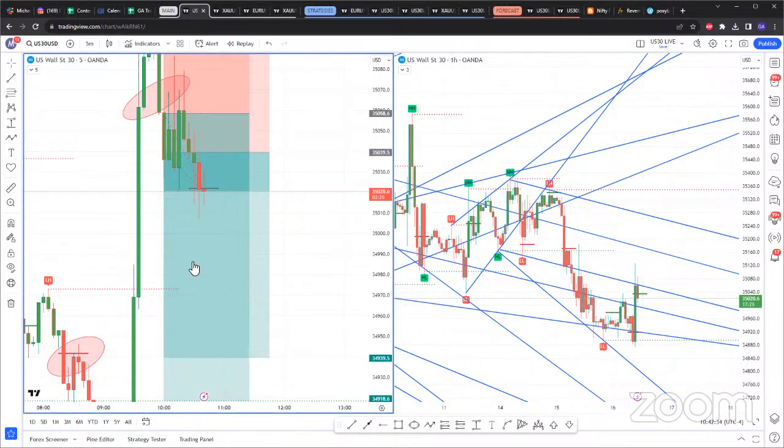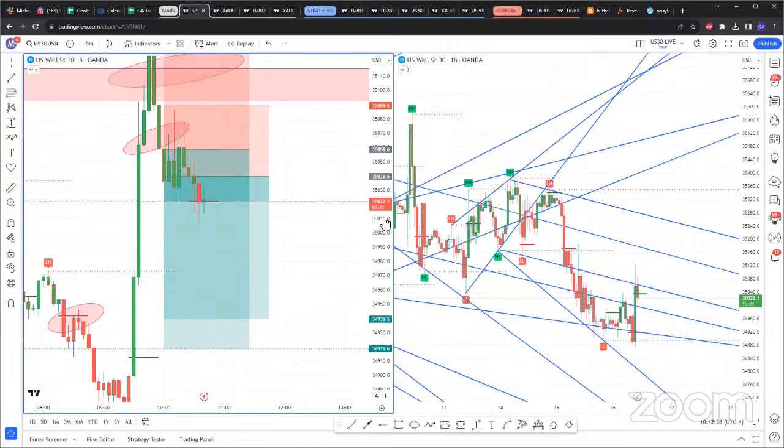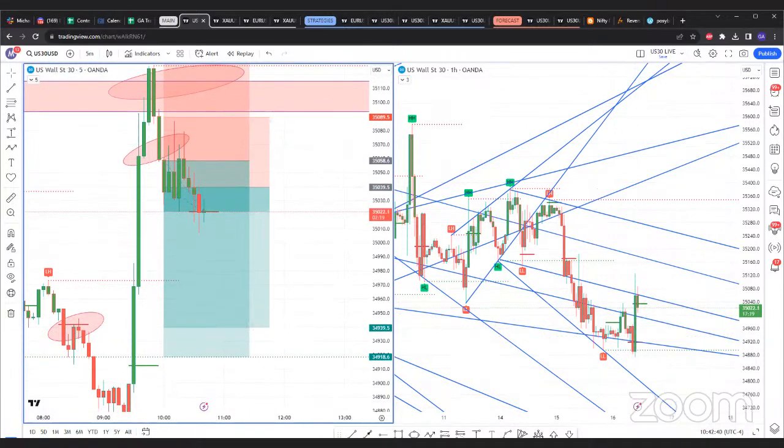I'm hoping we get to like a 1:1 risk to reward for this trade. Then that should be it for the day.